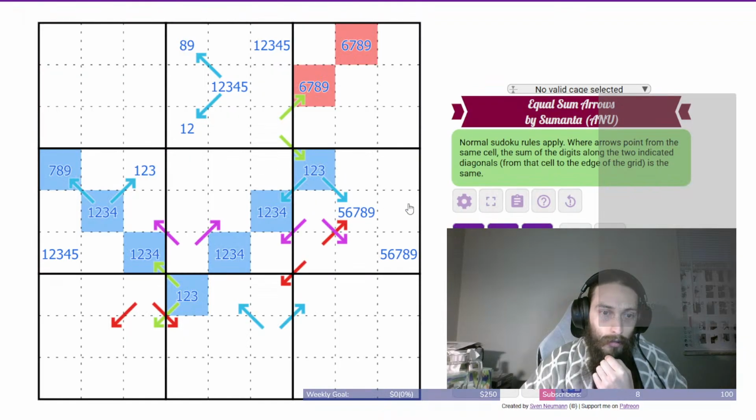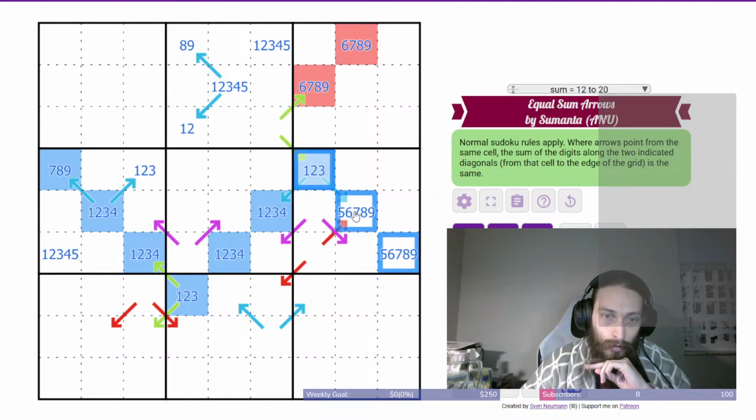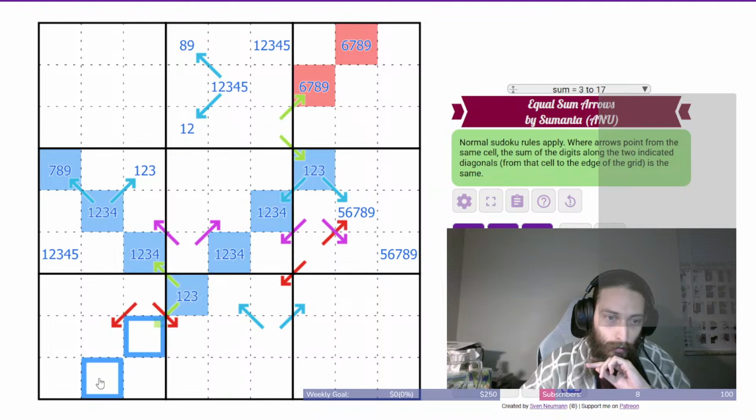And we noticed that if we look at this equal sum arrow here, these two match with this, and these two match with this, and these two match with that.